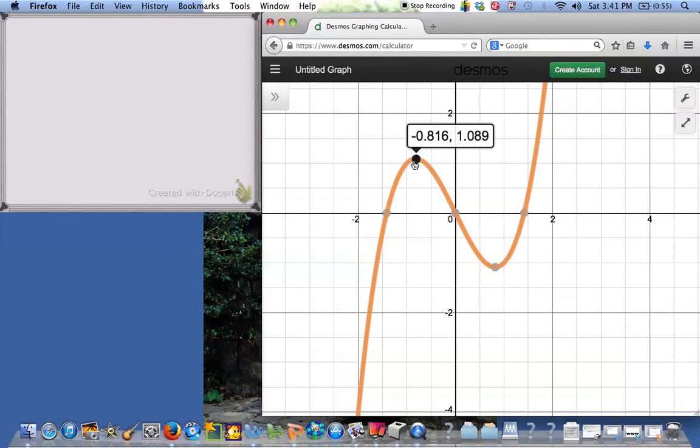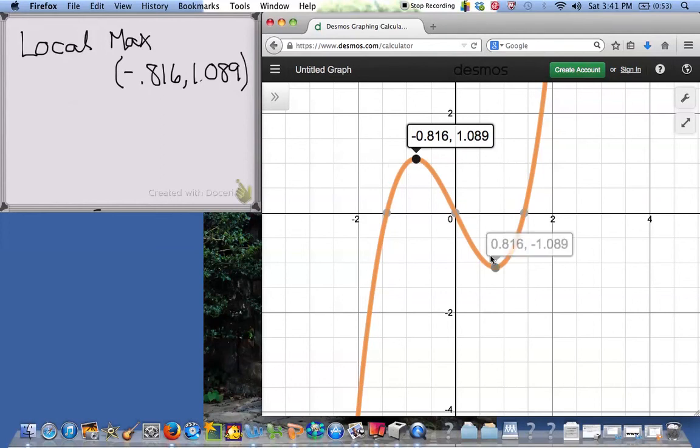Now this is a local max, because it isn't the absolute highest point, but it is a high spot. So the local max in this situation would be negative 0.816, comma 1.089.